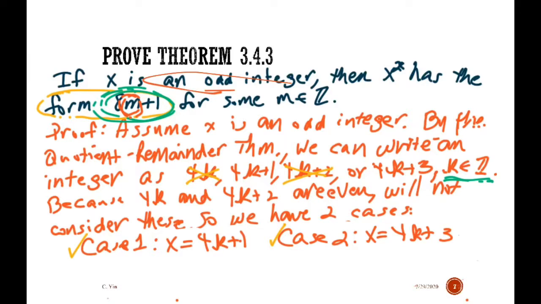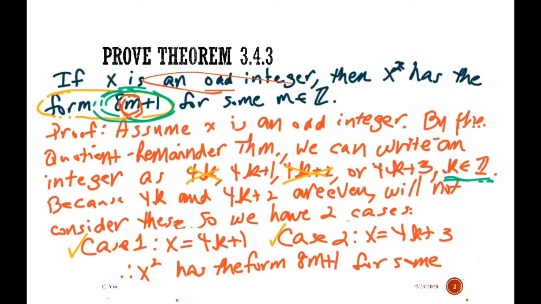And so finally we'll just say, therefore, x squared has the form 8m plus 1 for some integer m. All right, and so we are done with this proof here.